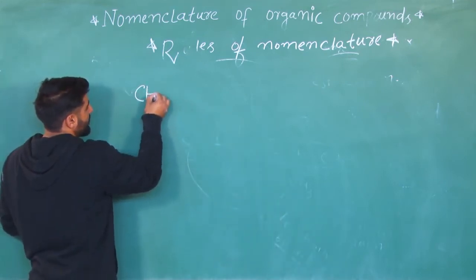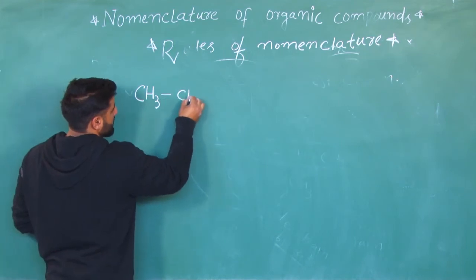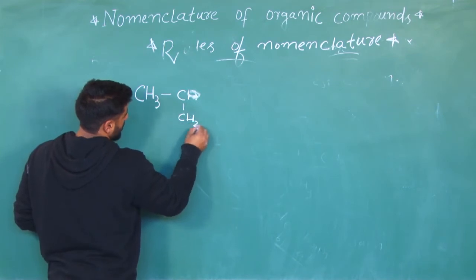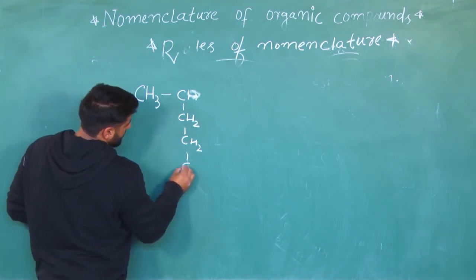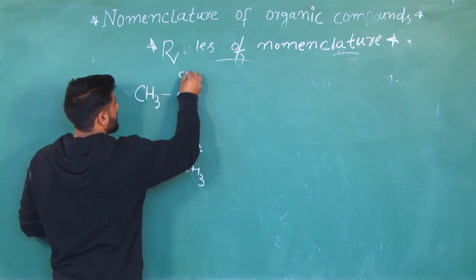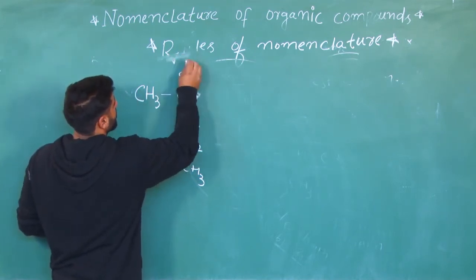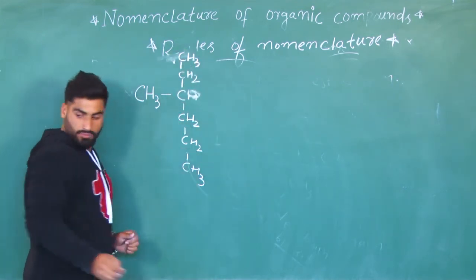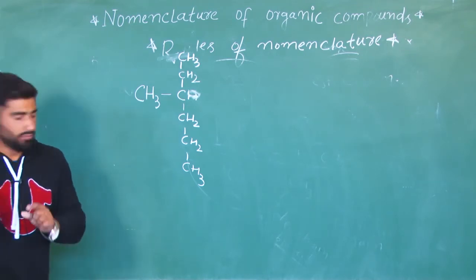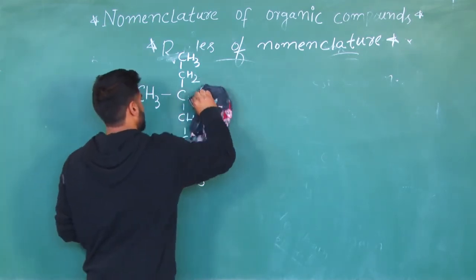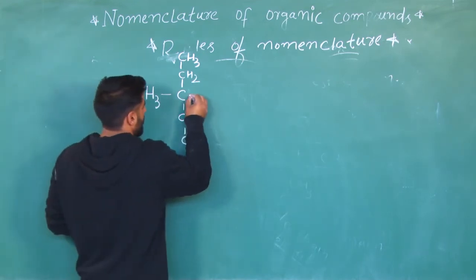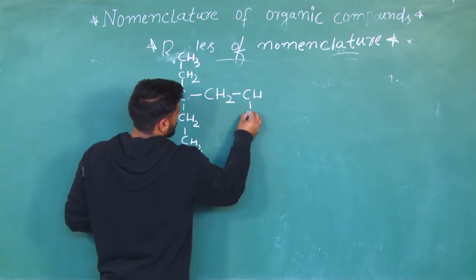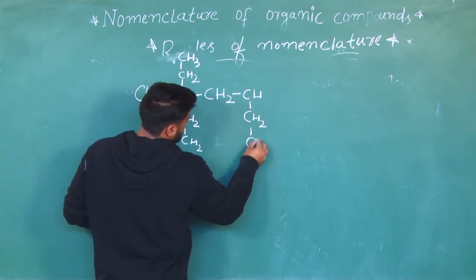Students, listen. Suppose this is CH3. Now this compound is CH2. This is CH2. This is CH3. This is CH2 and this is CH3. This is CH2, this is CH, this is CH2, this is CH3.